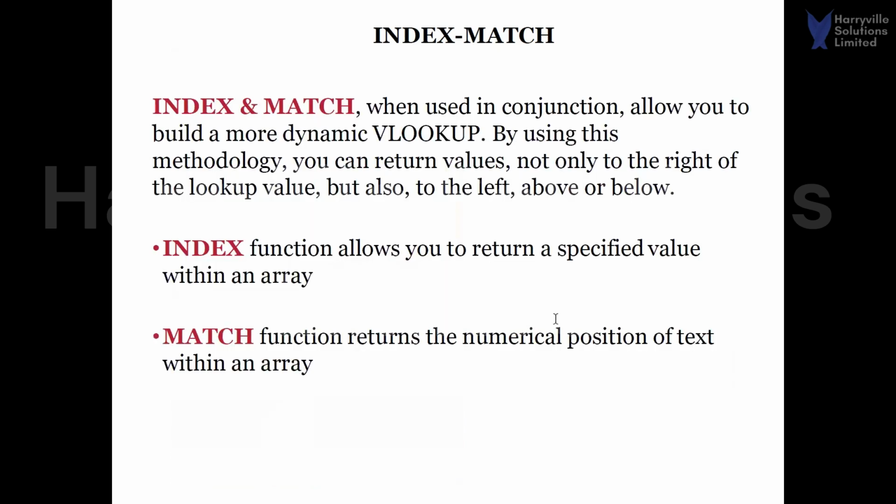When you use index and match in conjunction, there are two functions together. There's index and there's match. The index function allows you to return a specified value within an array, and by array, we mean table in this sense.